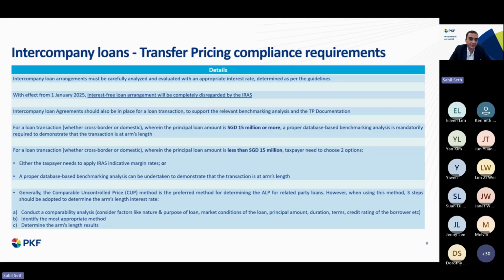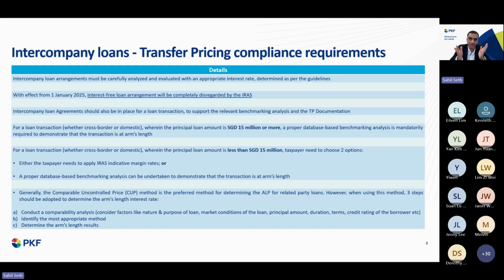So as I mentioned earlier, the comparable uncontrolled price method is generally used, and for using this kind of method, again there are three steps to be taken. So first is to conduct a comparability analysis. As I mentioned, there are many elements to be seen. Factors like nature and purpose, market conditions, tenor, principal, duration, credit rating.